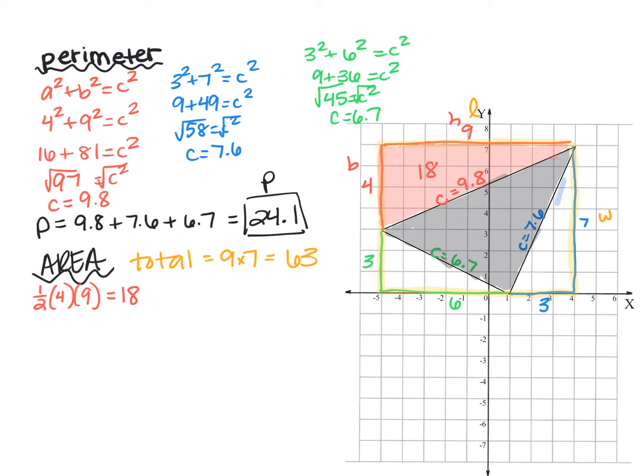Now let's look at the blue. I've got a base of 3 and a height of 7. Which gives me 10.5. And now we'll take a look at our last outside triangle.